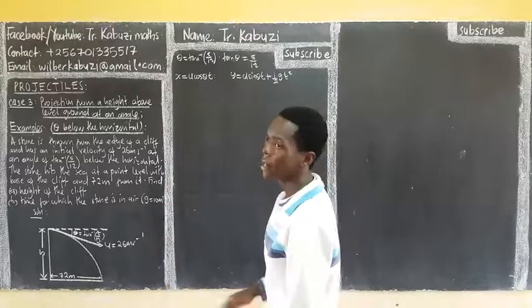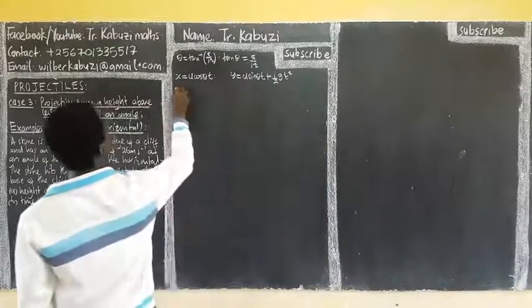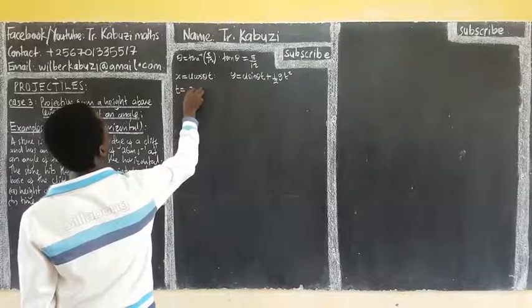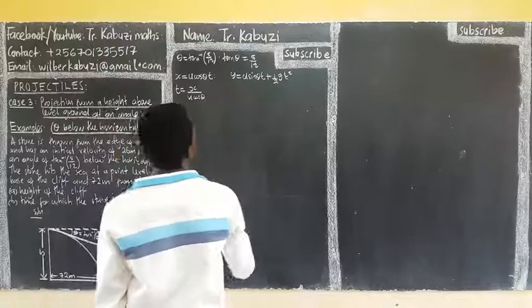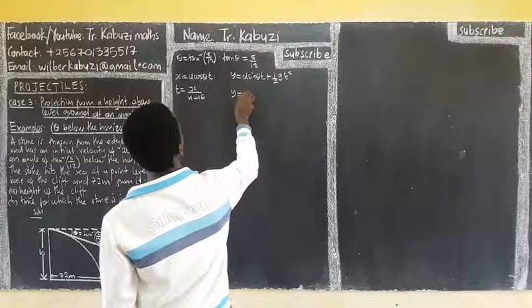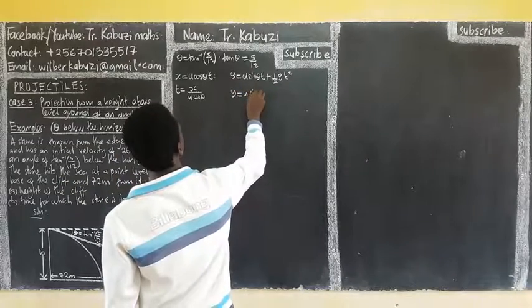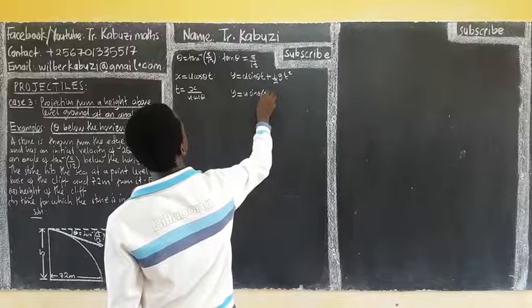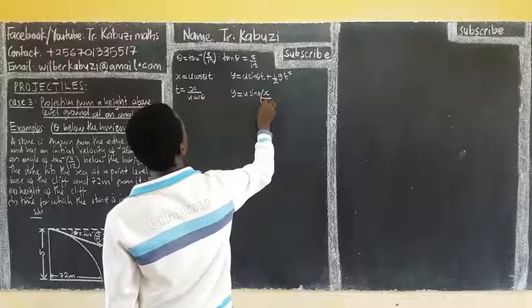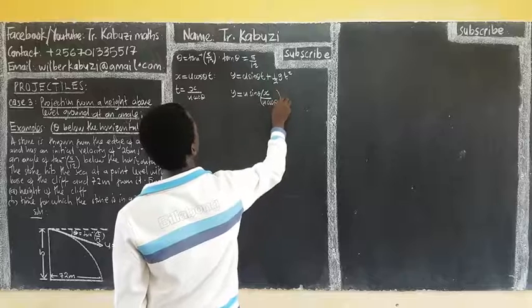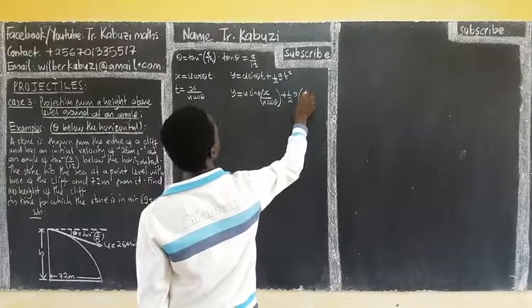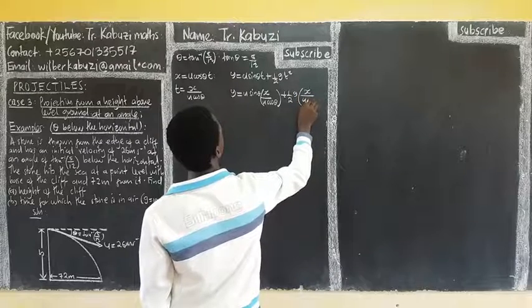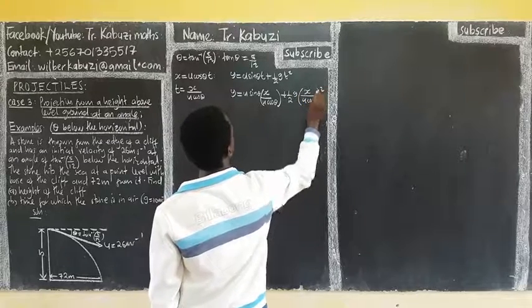If they don't give us time, I make t the subject. My t will be x over u cos theta. If I substitute here, I'll have y equal to u sin theta into x over u cos theta, plus a half g into x over u cos theta, the whole squared.